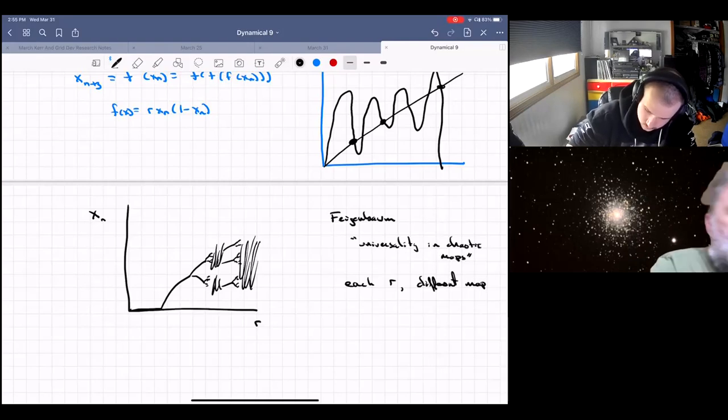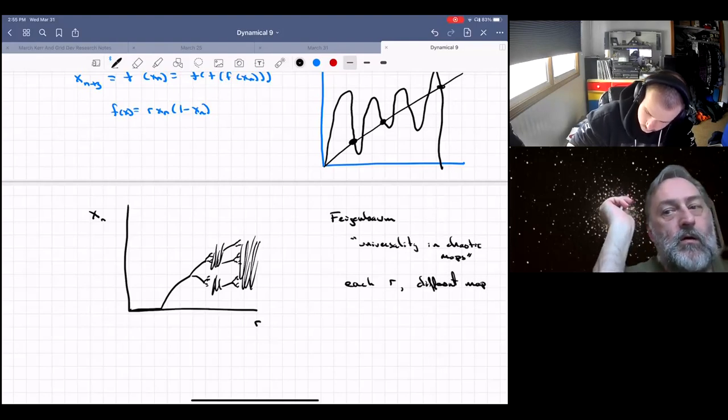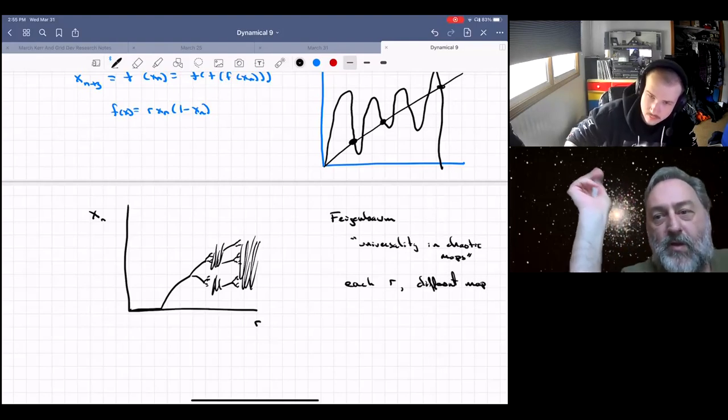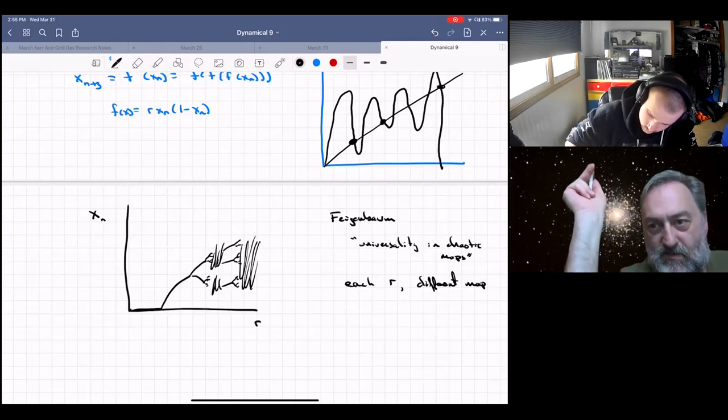So he studied not just this attractor, but all maps that have period doubling to chaos.